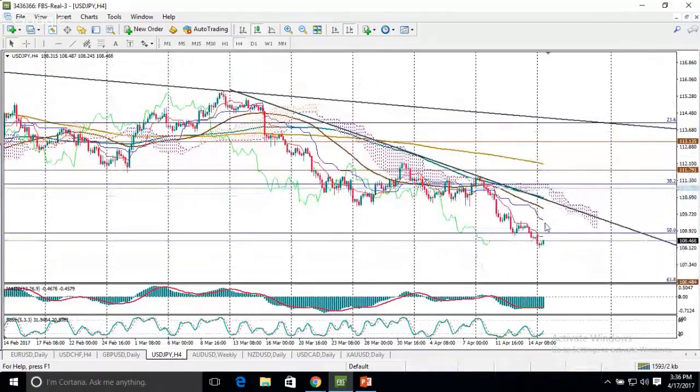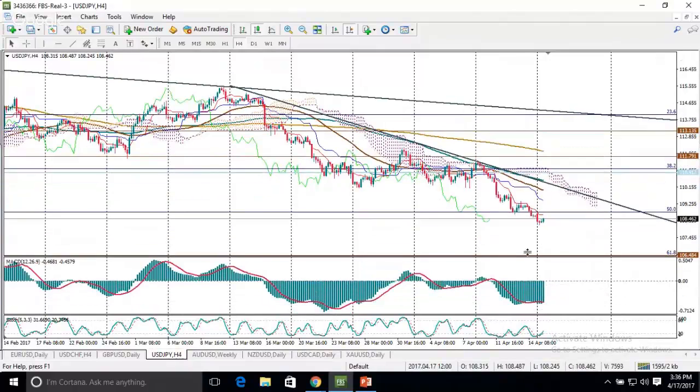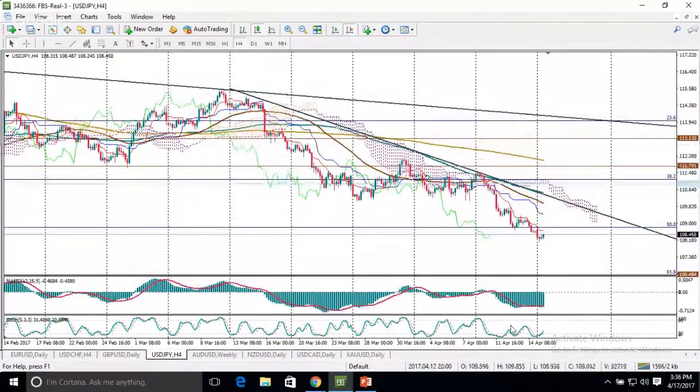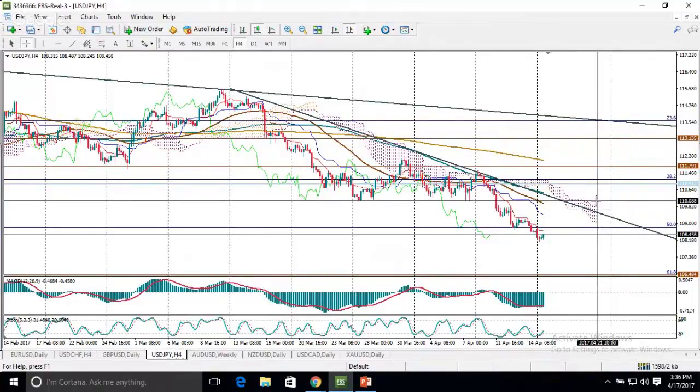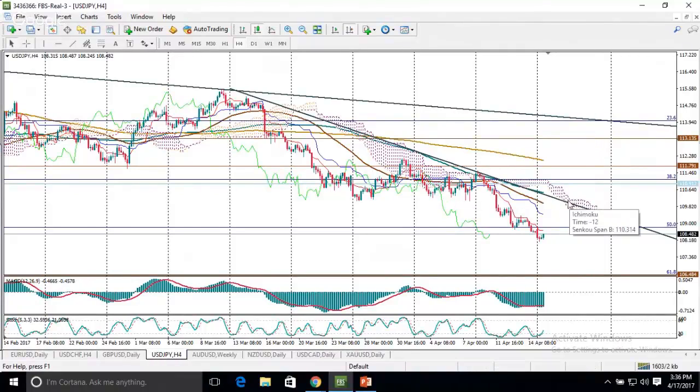On the 4-hour chart, we can see that the pair is a bit oversold. There are signs of some correction on the 4-hour chart, but we'll meet resistance, and the potential area to re-enter short positions is the psychologically important level of 110, the former support, which is now a resistance.